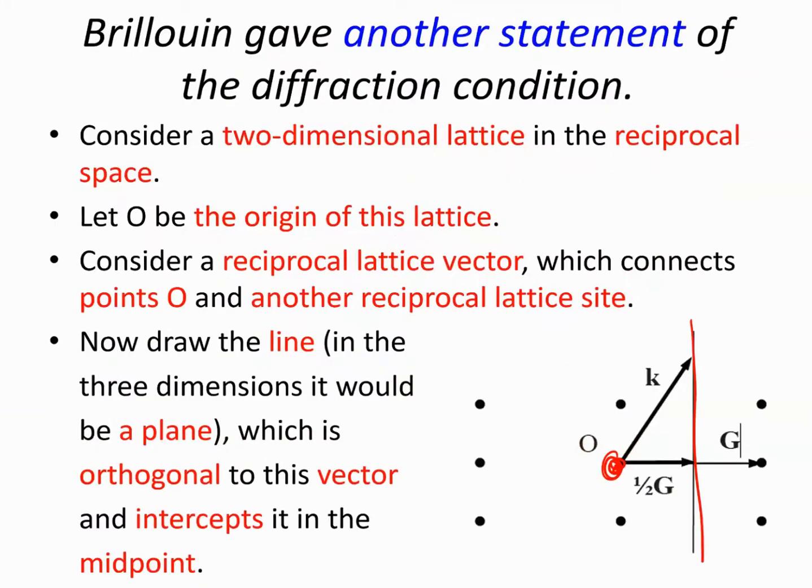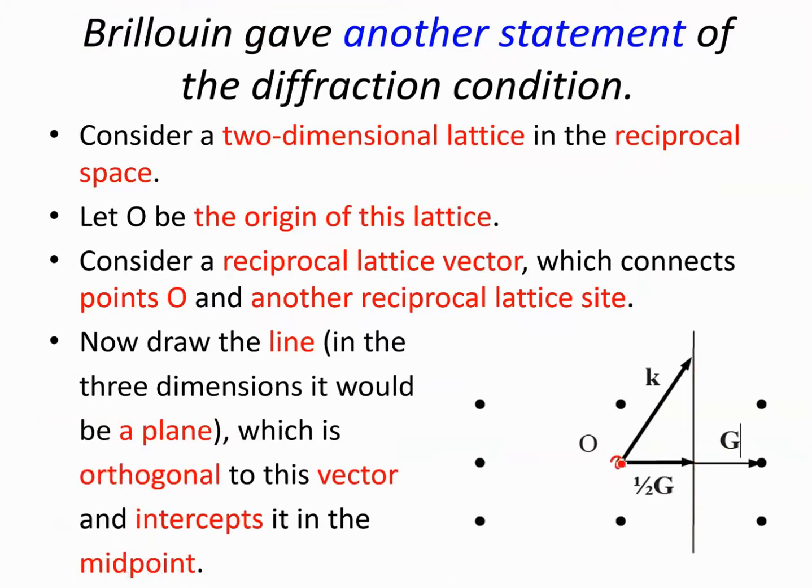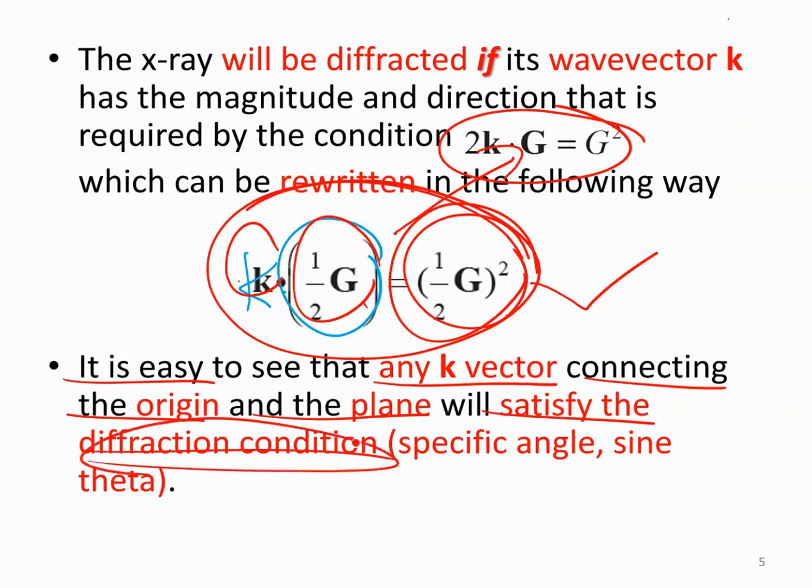This is the definition given by a scientist named Brillouin, and this is also the reason why in the first chapter we connect the center atom to all the nearest neighbors, and then at the middle point we draw one perpendicular line. It is true, remember, because by doing it this way we satisfy the diffraction condition.